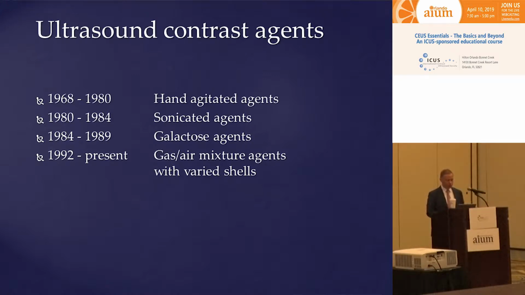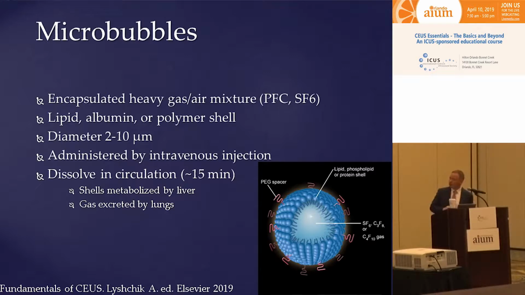We moved through several generations of contrast agents, and now most of our contrast-enhanced ultrasound is performed with the second generation ultrasound contrast agents: microbubbles with different shells with heavy gases inside. Microbubbles that are available now in the market all come with different shells.